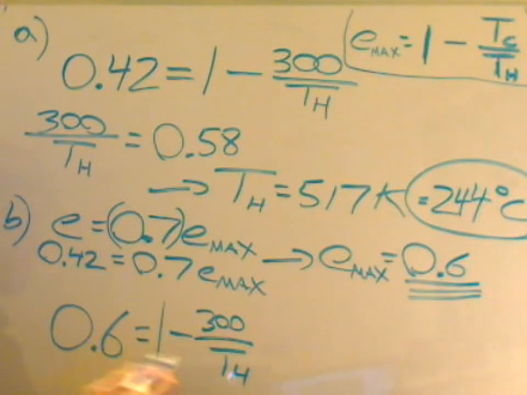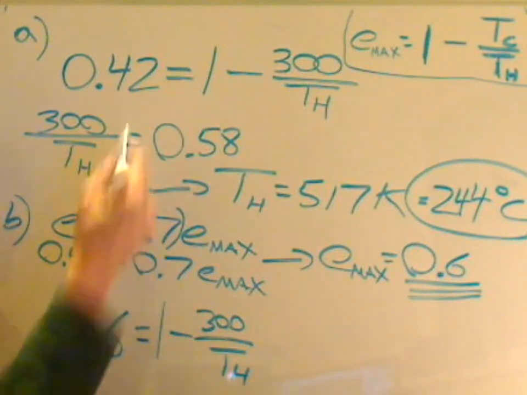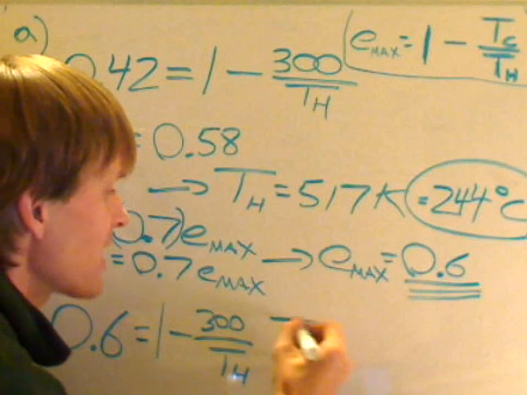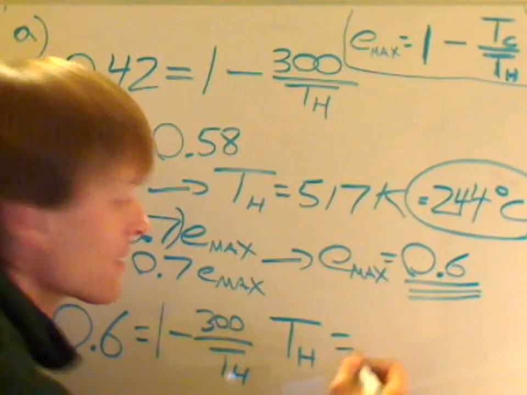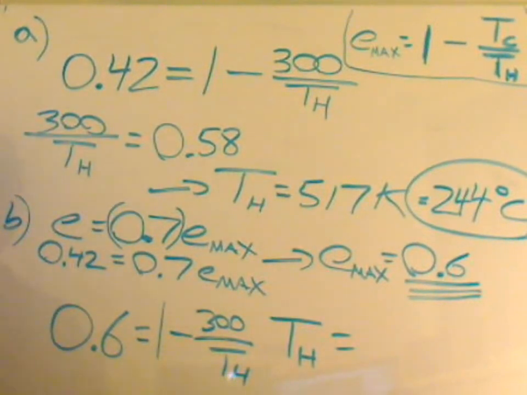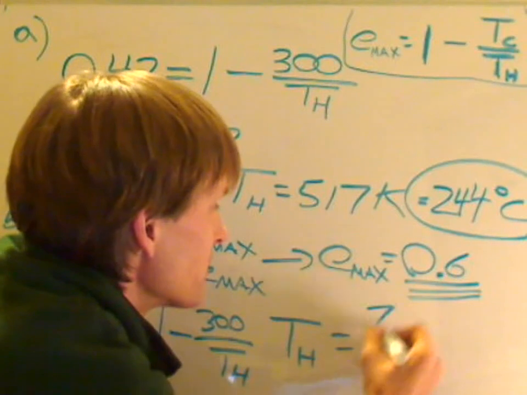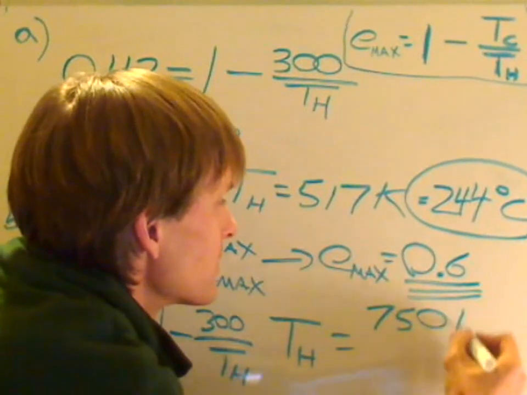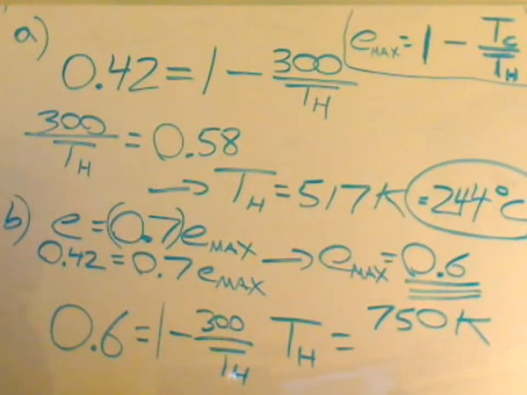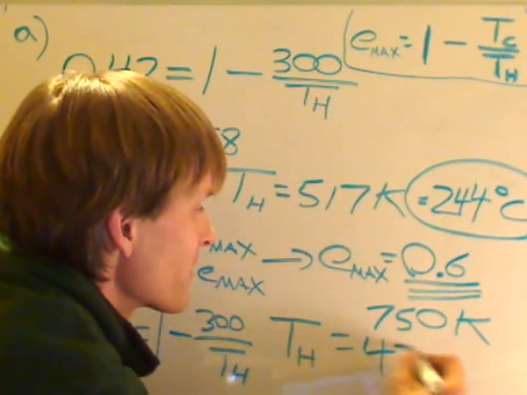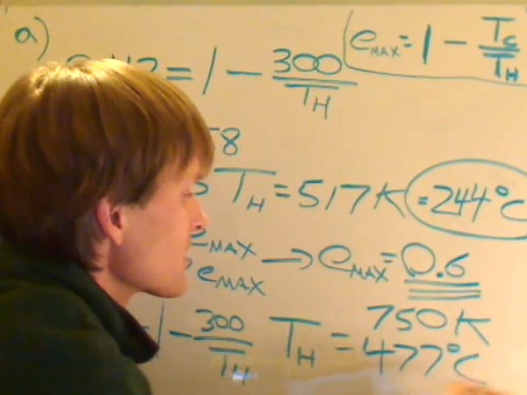You solve this algebraically just like we did in part A, and you find that the hot reservoir temperature is 750 Kelvin. Subtract 273 from that to get the Celsius temperature, 477 degrees Celsius.